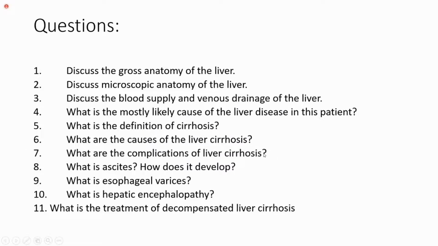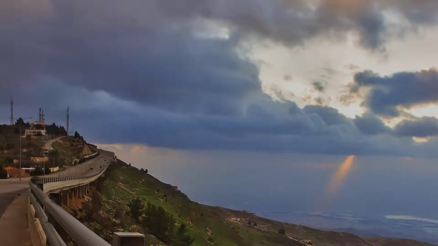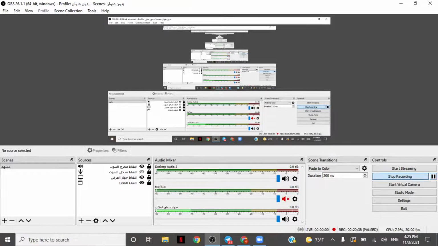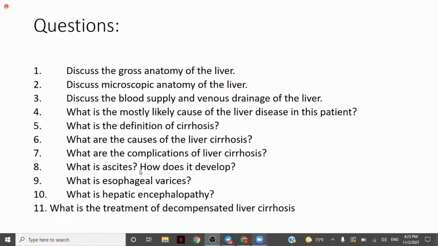What are the complications of liver cirrhosis? Portal hypertension. Portal hypertension, excellent. Excessive fluid in the peritoneal cavity.